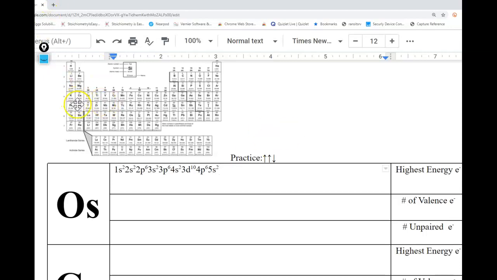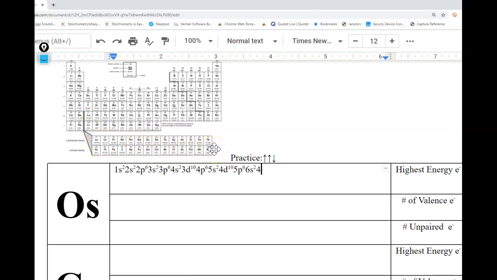I am now right here where yttrium is, and so I'm going to the 4d next, 4d10, and then 5p6, and then 6s2. Right after 6s2, and before we start the 5d's, we have to fit in all of the 4f14.